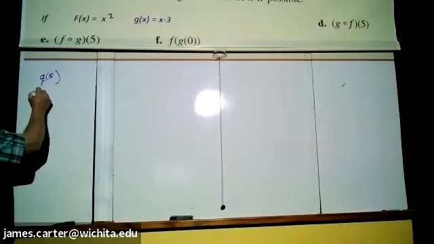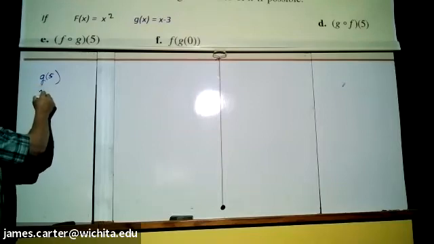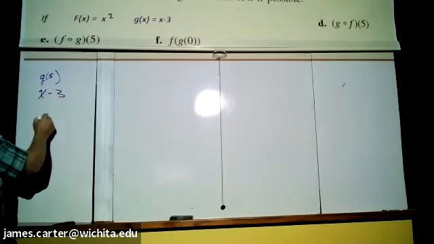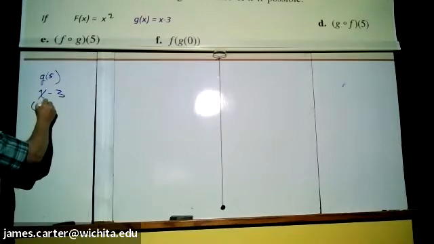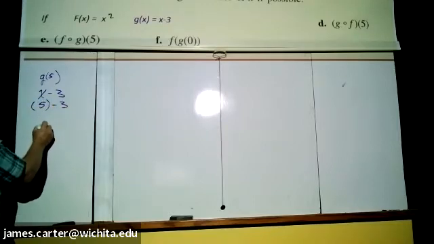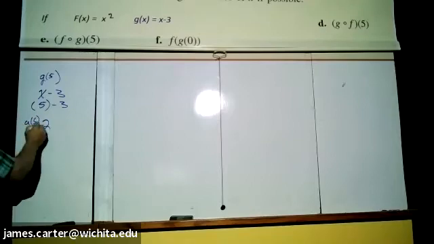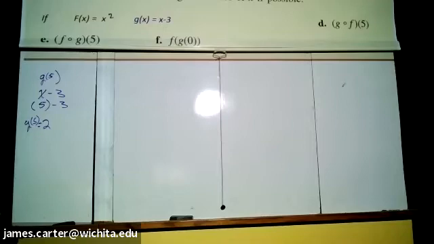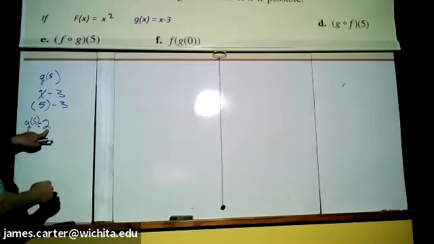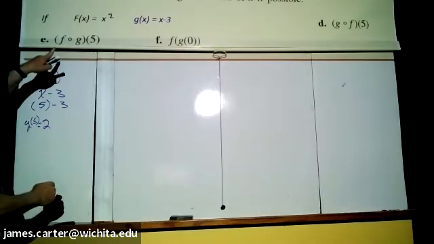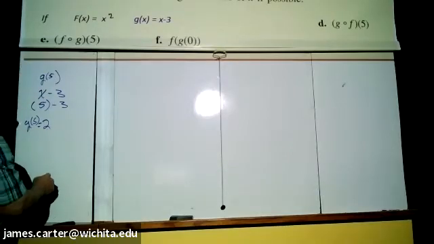So that gives us x minus 3, and we substitute the 5, and we get 2 for g of 5. So g of 5 equals 2. All right. Now, let's take this 2 and substitute it into the f equation.